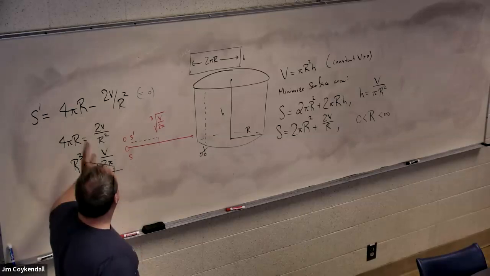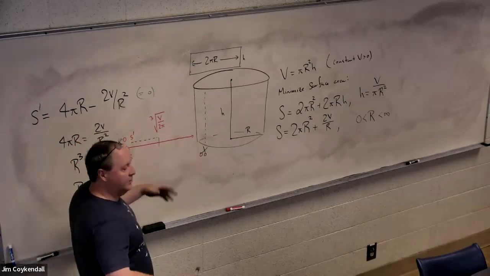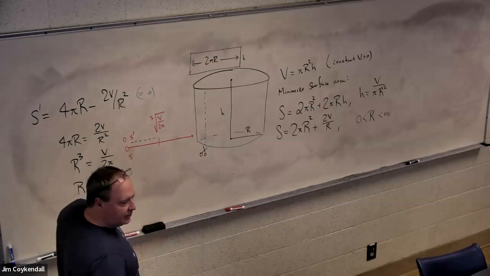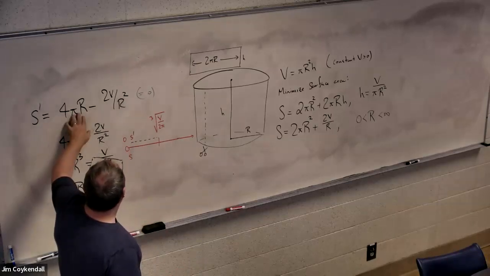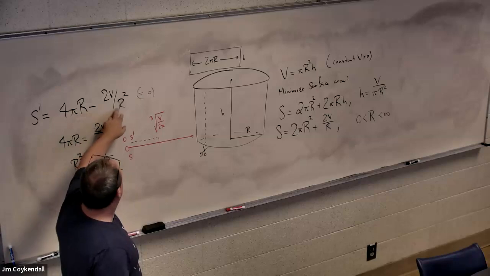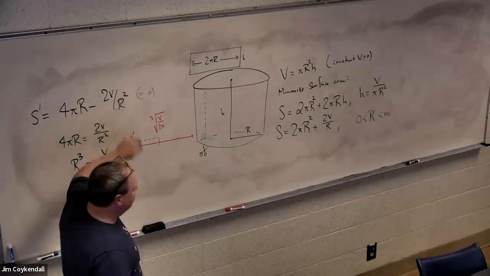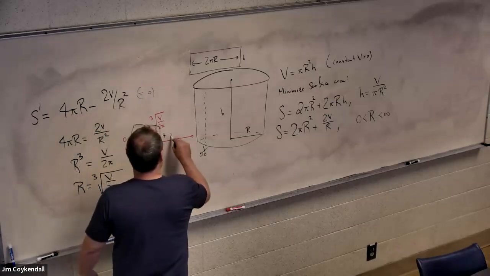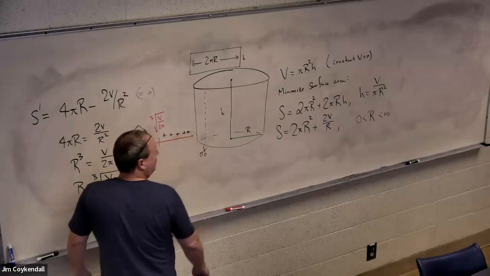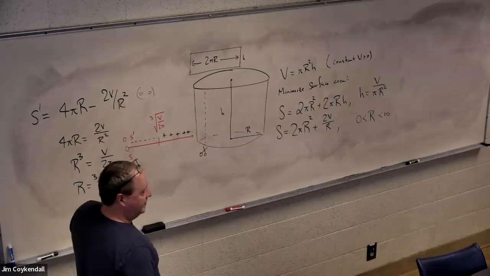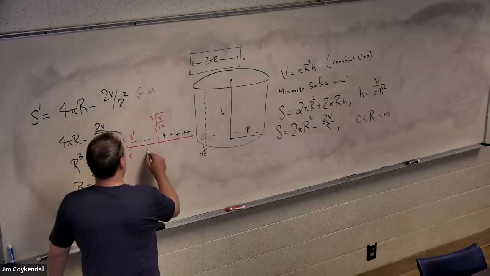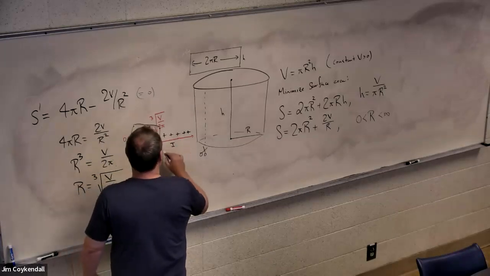What happens when R goes off toward infinity? Big, big, big. Maybe R is zillions and zillions. That's huge, and the other term goes to 0. So it's positive. So my function decreases and then increases.